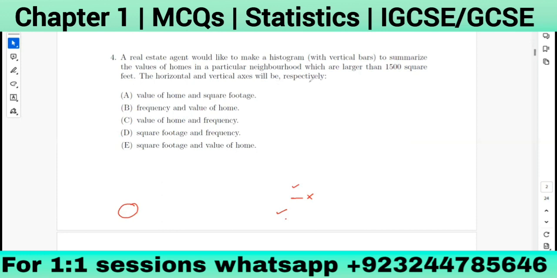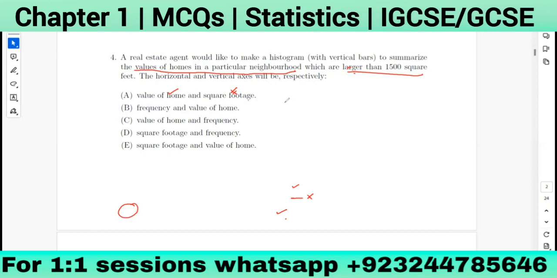The horizontal and vertical axis will be respectively what? They are talking about the value of homes in a particular neighborhood, so yes to value of home, and no to square footage.